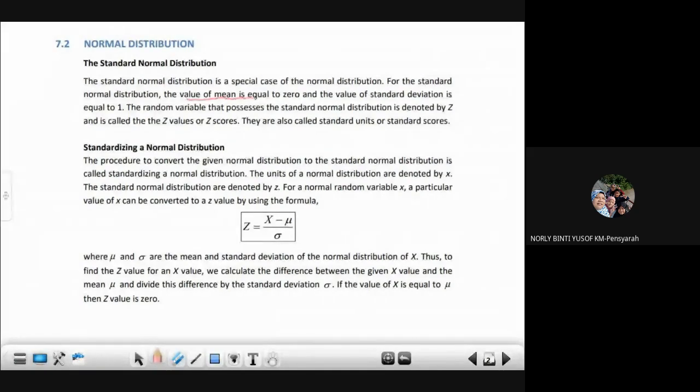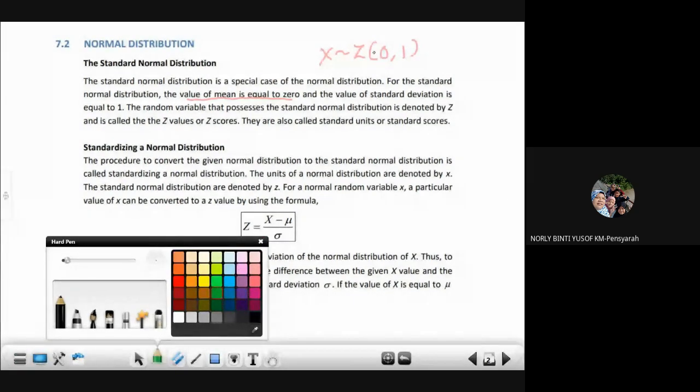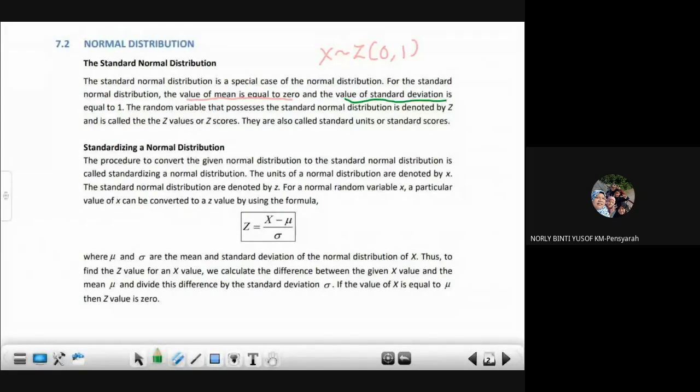Macam yang you tengok dekat 7.1, kalau distribution you dah Z, mean dia akan jadi kosong, and variance tu akan jadi 1. Square root 1 pun standard deviation pun 1 kan. So this is Z distribution: mean is equal to 0, then the standard deviation is equal to 1.